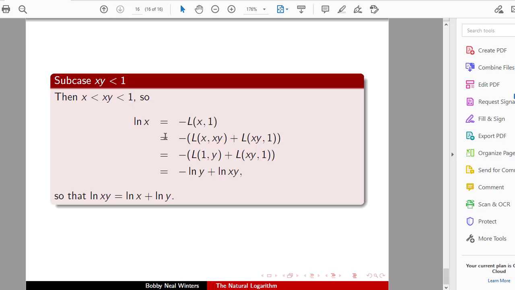So it's tedious, but it all works out. And so we can now assume and use all of these wonderful facts about the natural log of x, having proved them.